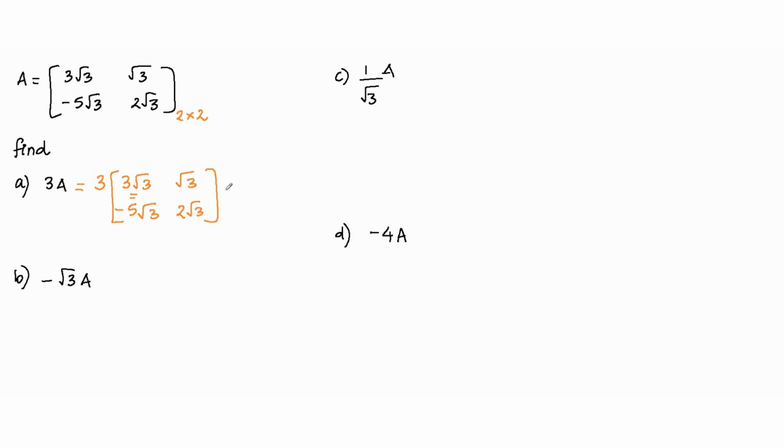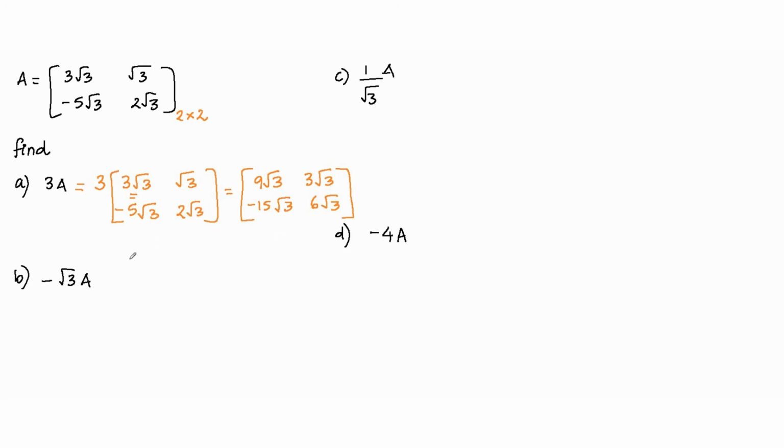So 3 into 3 root 3 becomes 9 root 3. 3 into root 3 becomes 3 root 3. 3 into minus 5 root 3 becomes minus 15 root 3. And 3 into 2 root 3 becomes 6 root 3. Right? So this is how I find the value of 3A.